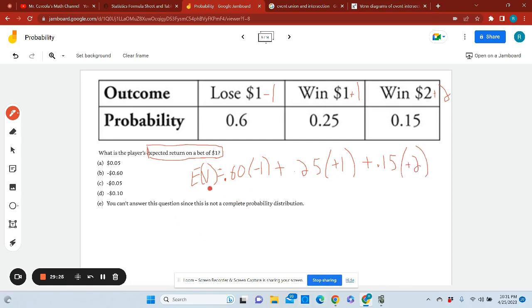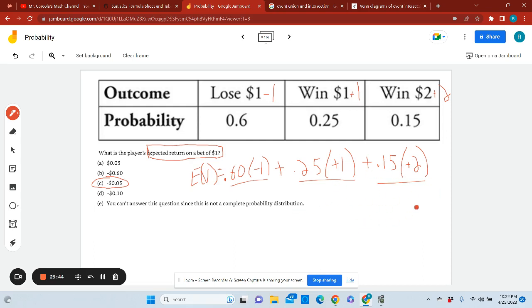If you plug this all into your calculator, I think it's going to come out, if I remember correctly, to be -5 cents. 60% of the time you'll lose $1, 25% of the time you'll win $1, 15% of the time you'll win $2.